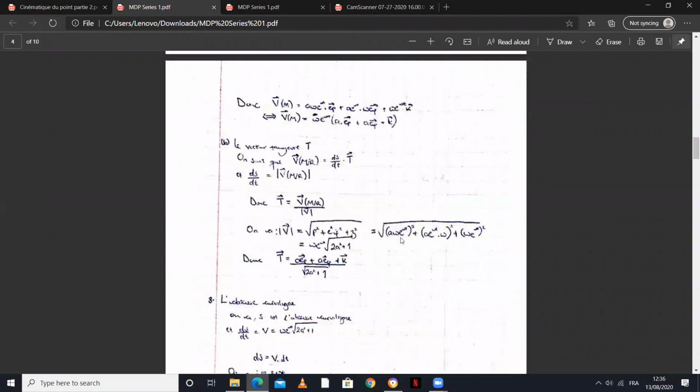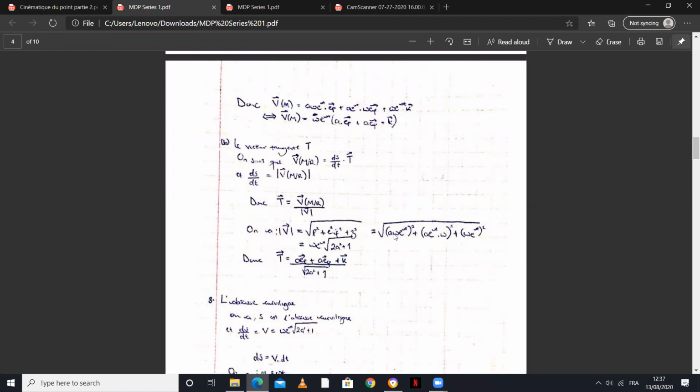When you square these, you have a squared omega squared exponential squared omega t, plus the same thing there, plus omega squared exponential squared omega t. So from this, you see that omega squared and exponential squared omega t are common terms. So you can factor those out, okay?